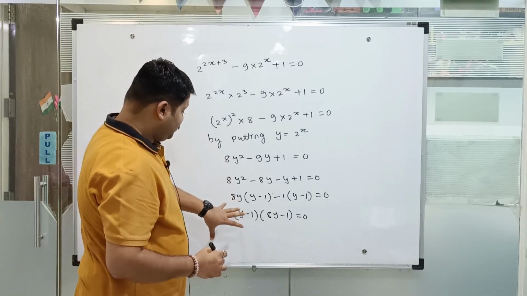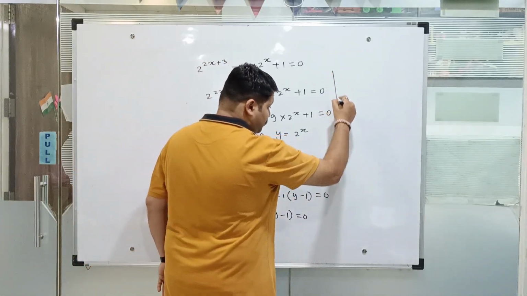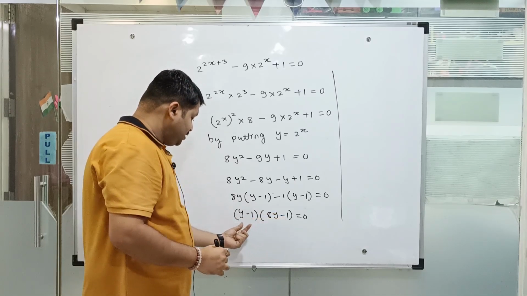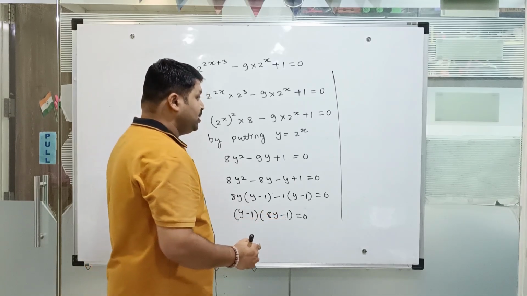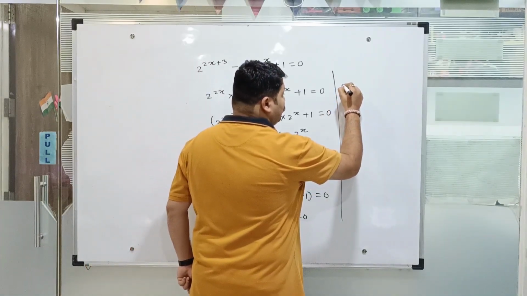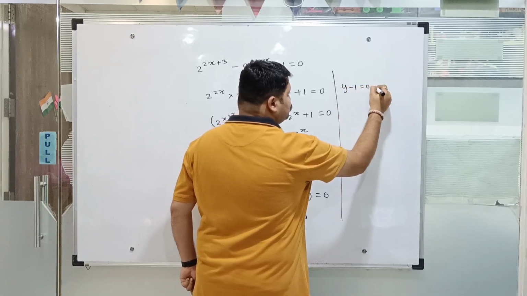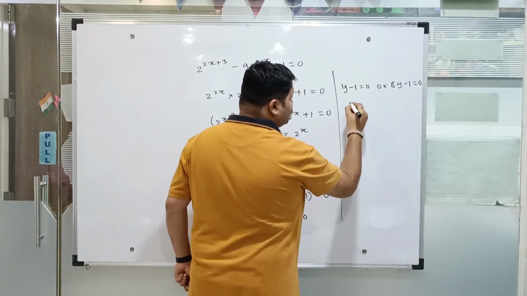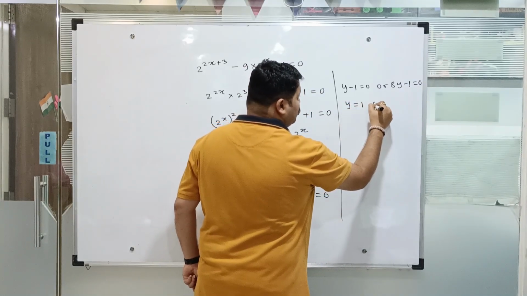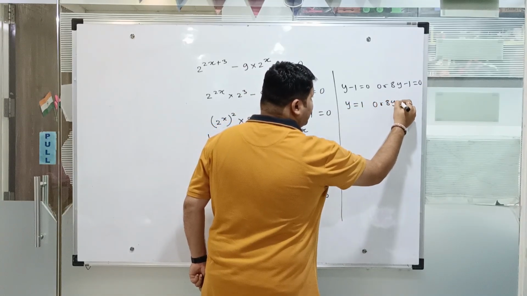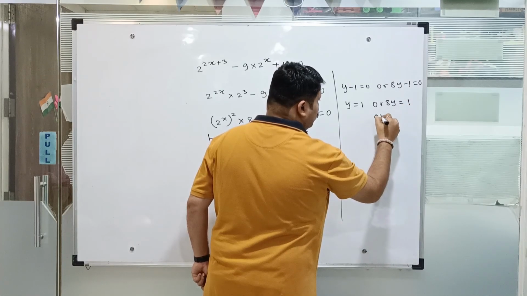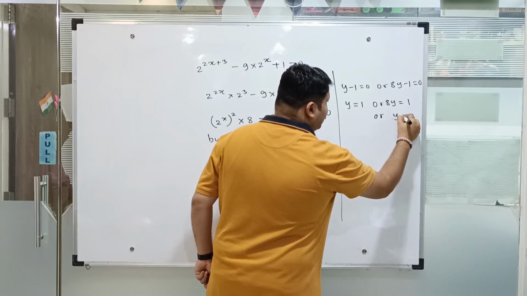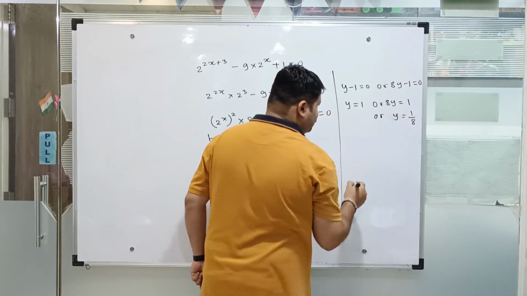Now if two numbers are multiplied together, then either one of them is 0. So I can comfortably say y minus 1 is equal to 0 or 8y minus 1 is equal to 0, giving me y is equal to 1 or 8y is equal to 1, or y is equal to 1 upon 8.